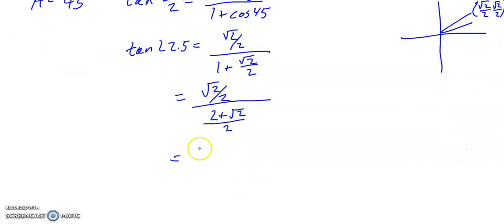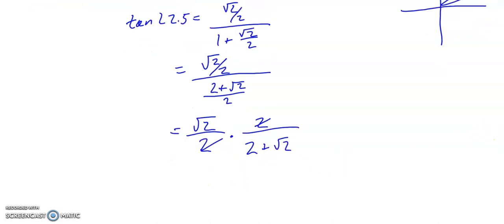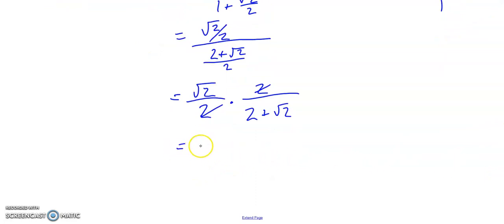Now let's multiply by the reciprocal. So I'm going to take radical 2 over 2 times 2 over 2 plus radical 2. The 2's are going to cancel out on top and bottom, which leaves me with radical 2 over 2 plus radical 2.